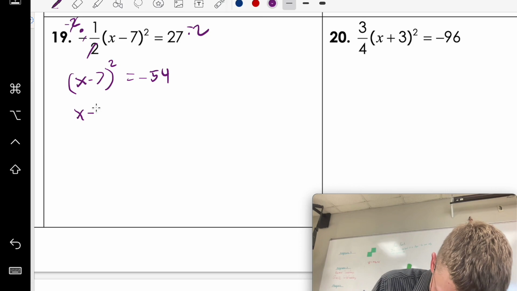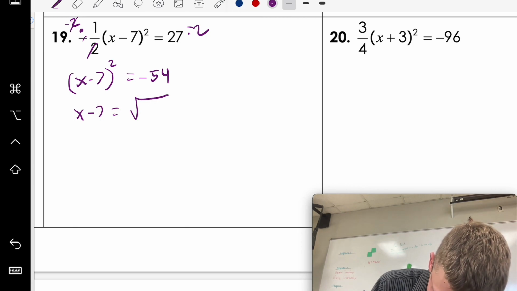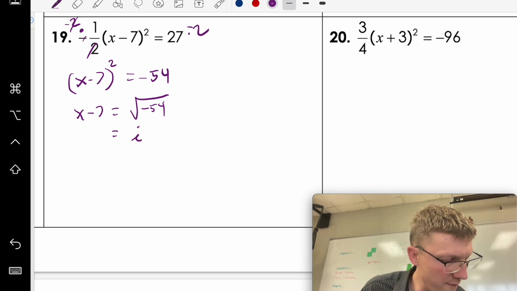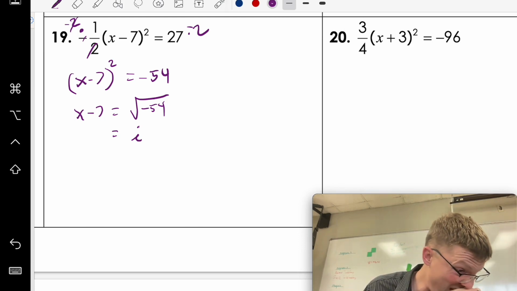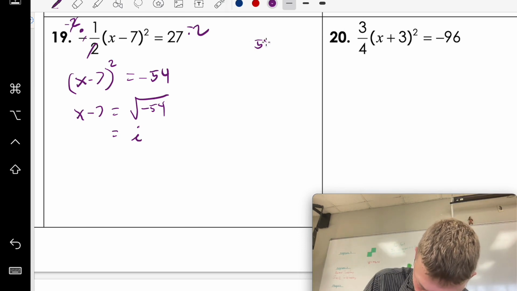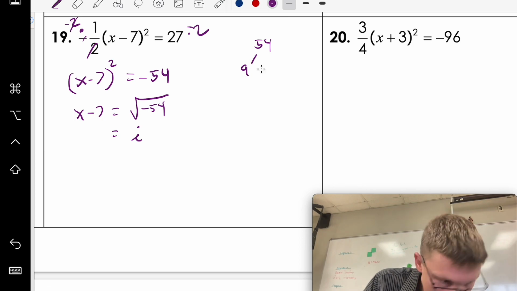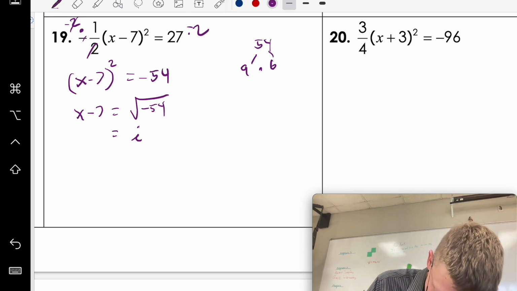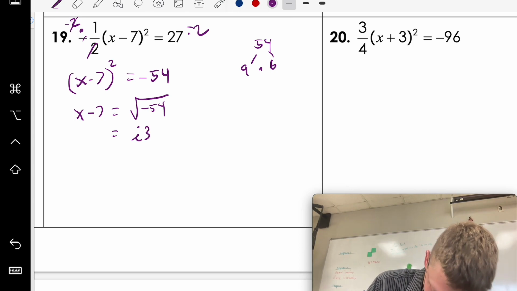So we've got x minus 7 equals square root of negative 54, which equals i. Let's see here, what can come out of 54? 9? Hey, look at that. So 54, 9 times 6. 9 is a perfect root, so we're going to have 3 outside of the square root, 6.